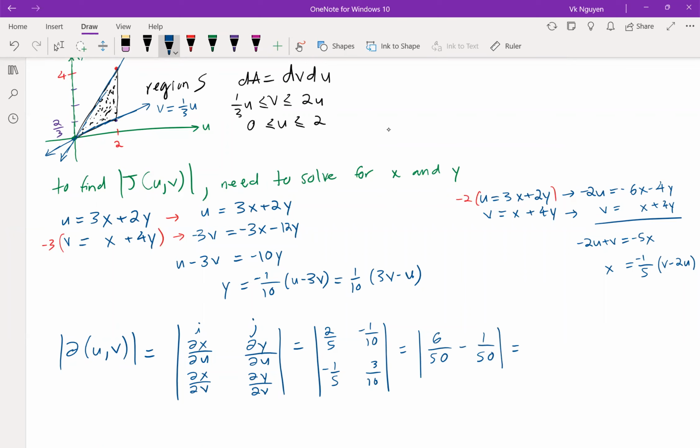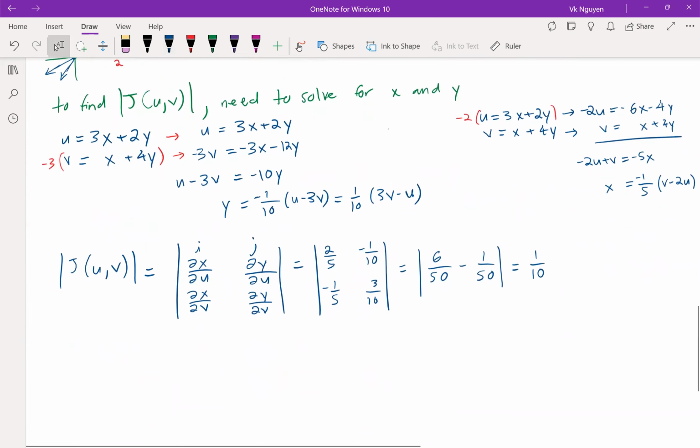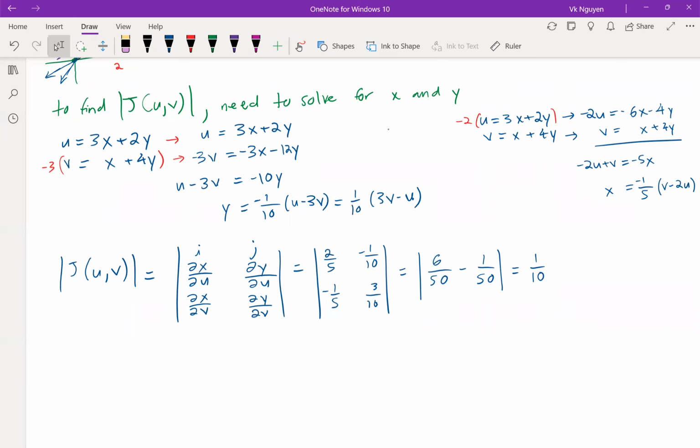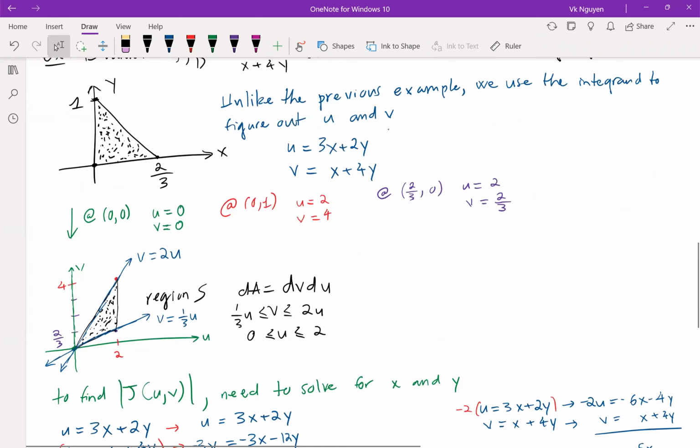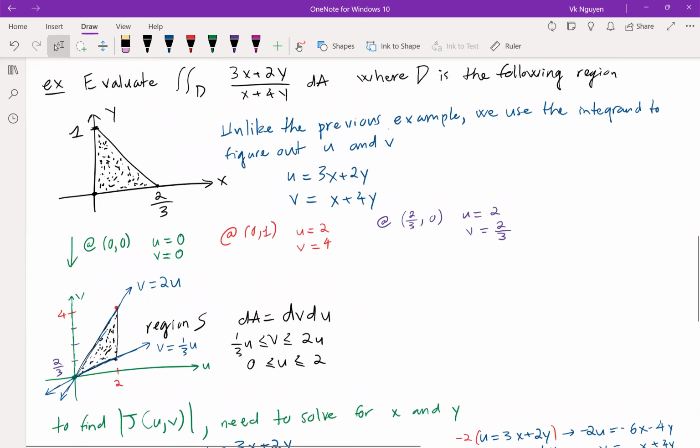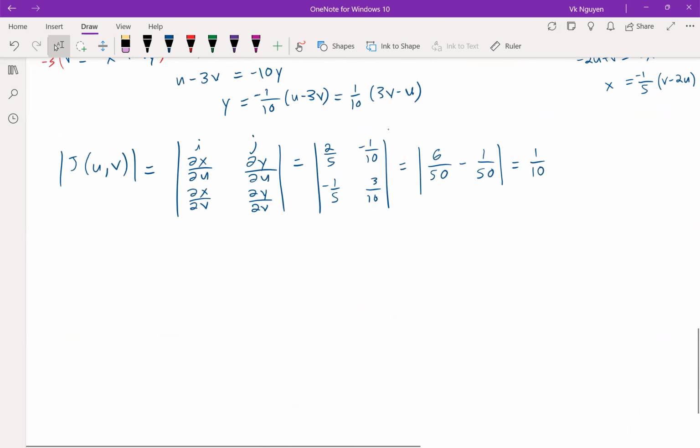And 5 over 50 is 1 over 10. Okay, so that is the Jacobian, J. Oh, we have the Jacobian. Now we're going to sub it in and work it out. This is the 3x plus 2y over x plus 4y.